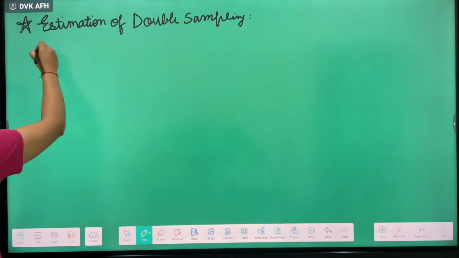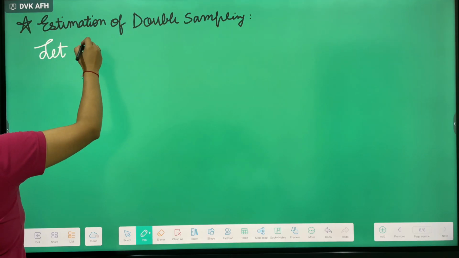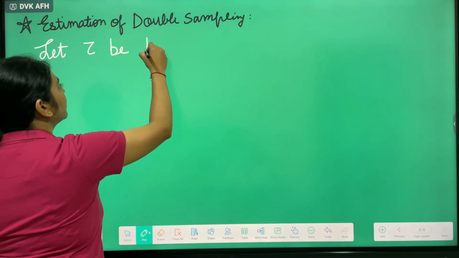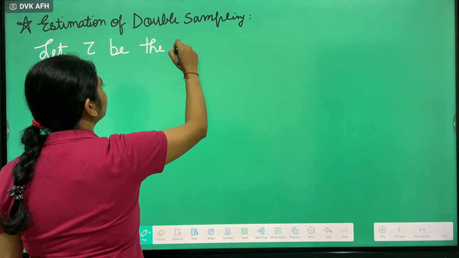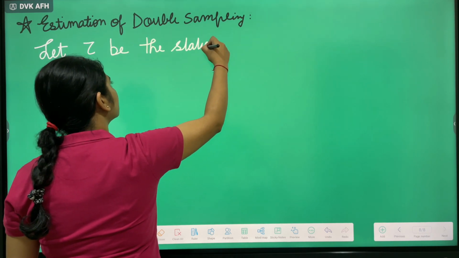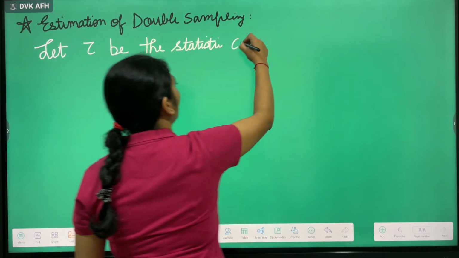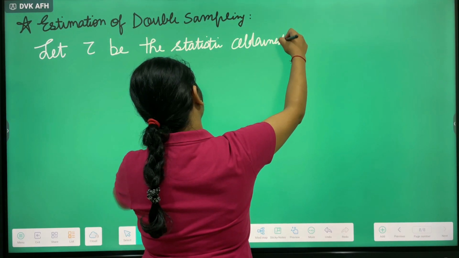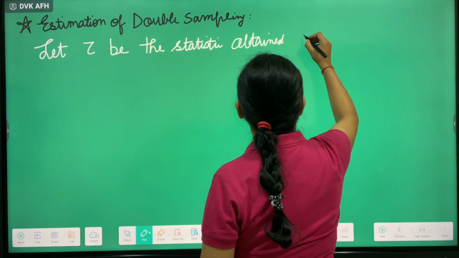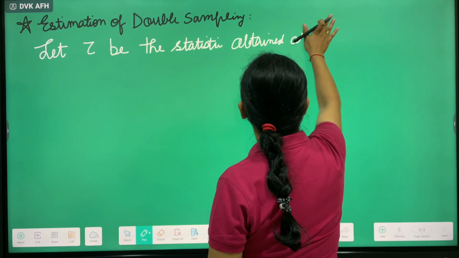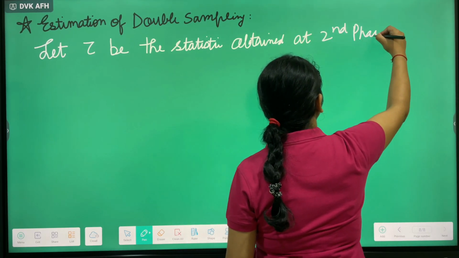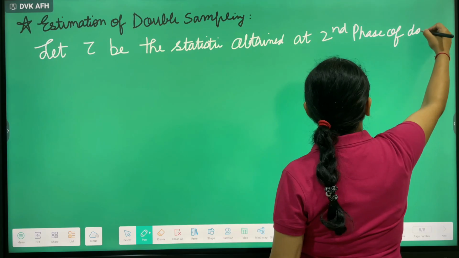So let us consider, let tau be the statistic obtained at the second phase of double sampling.